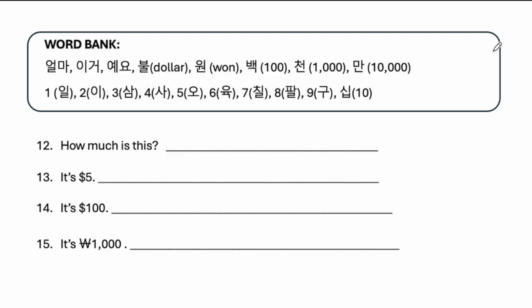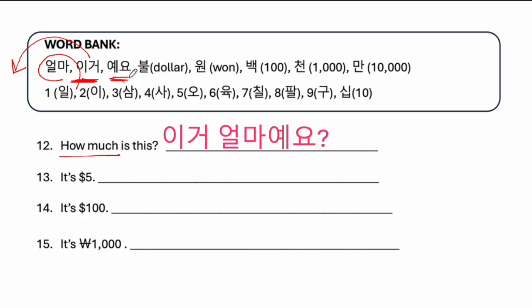Okay, let's try this. How much is this? How much is 얼마? This one has to come first, and then is 예요. So 이거 얼마예요? It's $5. I didn't say this is $5. It's just $5. 5, 오, dollar is 불. 5불이에요.